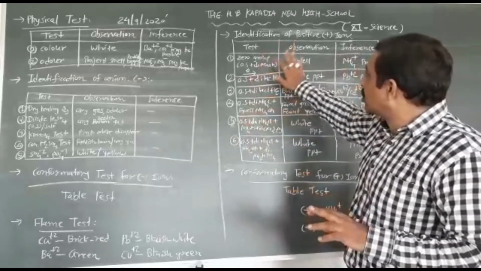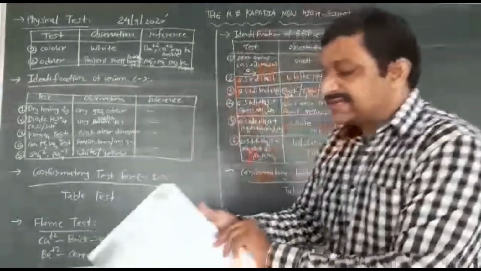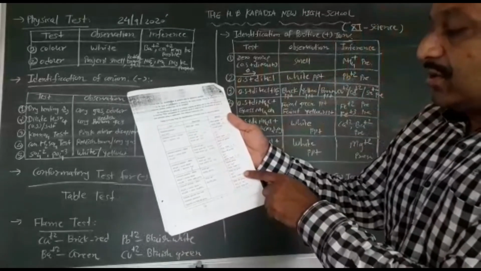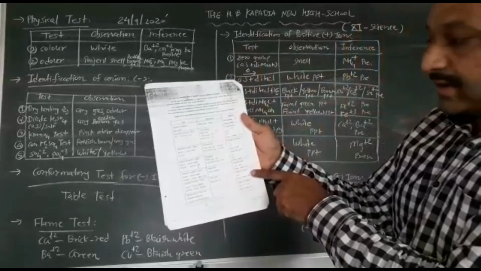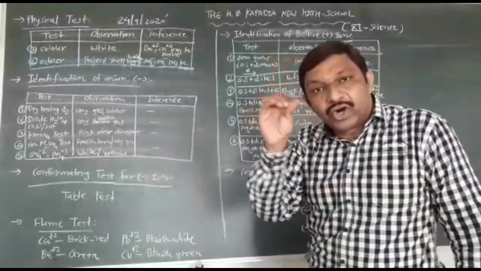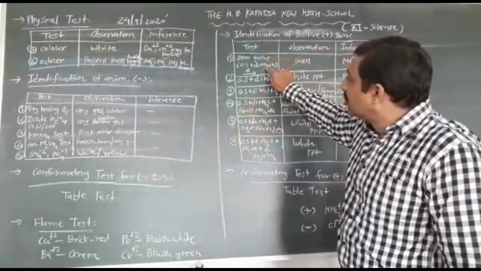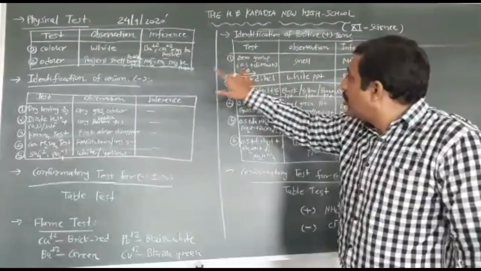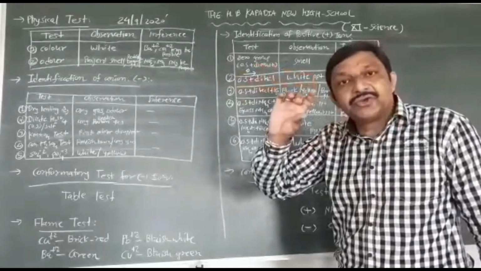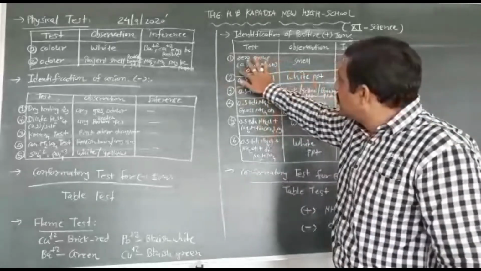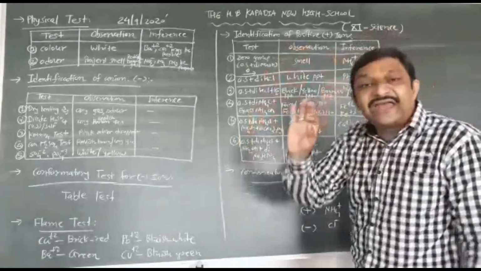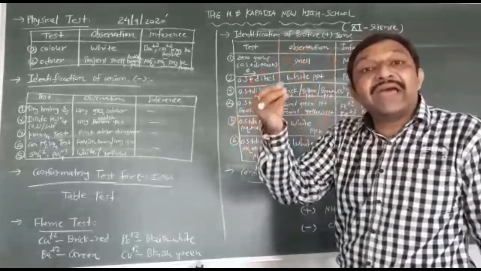Now listen, in the zero group, here are different types of groups given. Look at your zero group. You have to take your solution or salt and perform the zero group test. What is in the zero group? Original solution plus dilute NaOH, and you heat your solution in the test tube and find out if any smell is there, for example ammonia gas.